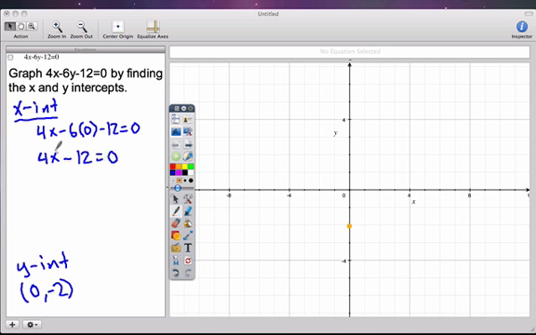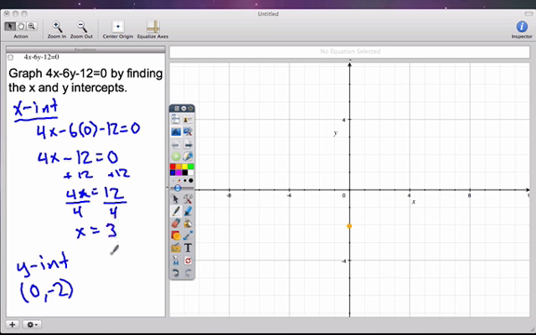We want to get the x all alone, so we're going to get rid of this negative 12 by adding 12 to both sides, which will give us 4x equals 12. We divide 4x by 4 and 12 by 4, and we get x equals 3.